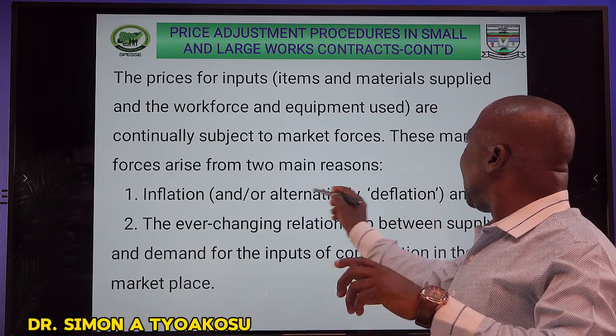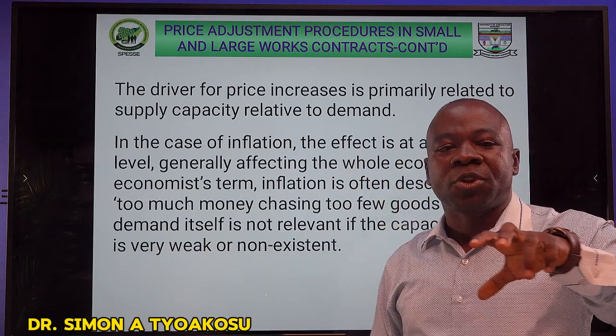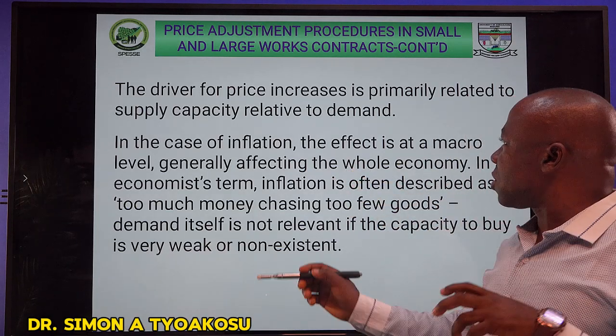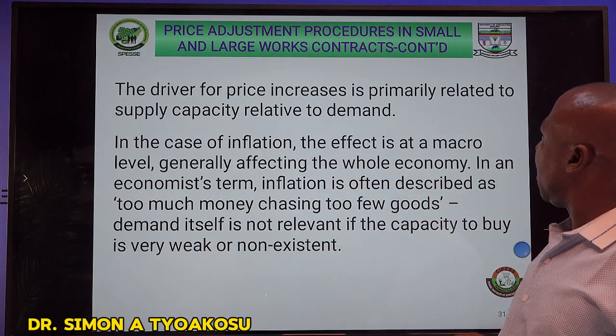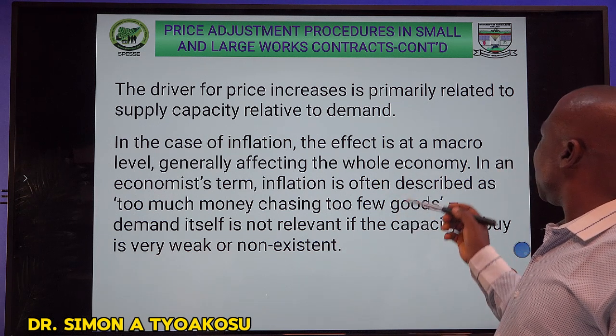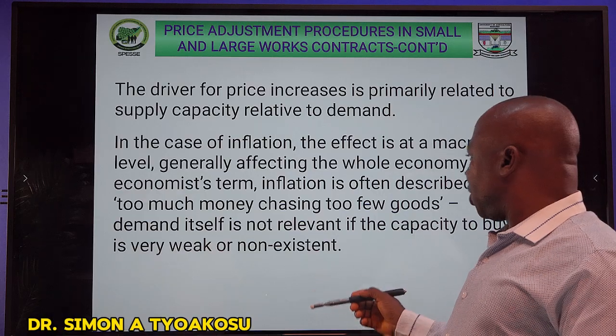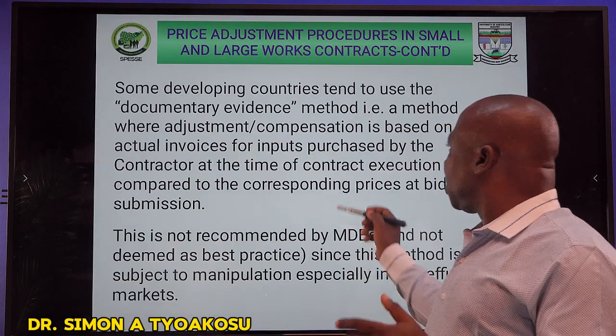In our procurement processes, we should be able to make provision for price adjustments in the course of carrying out procurement. The driver for price increases is primarily related to what? Supply capacity relative to demand, with respect to inflation.